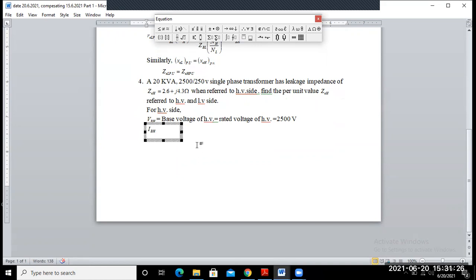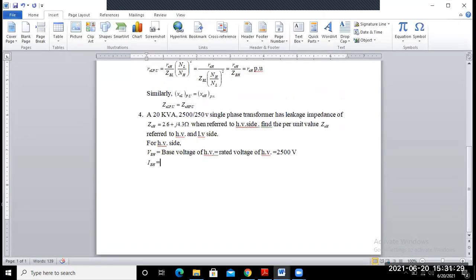Similarly, IBH, that means the base current of the high voltage side, is equal to how much? Base current can be found from this data: the kVA rating divided by the voltage of the high voltage side, that means the rated current of the high voltage side.